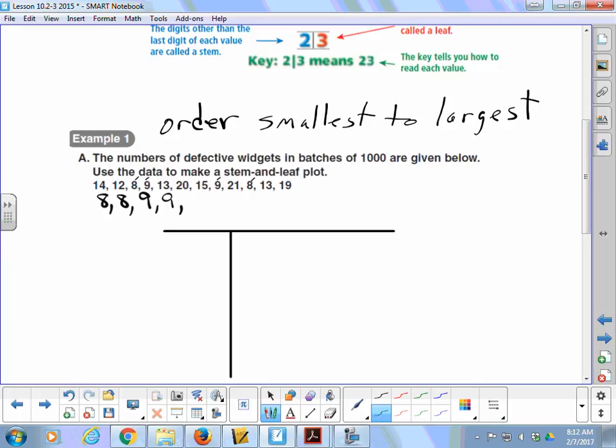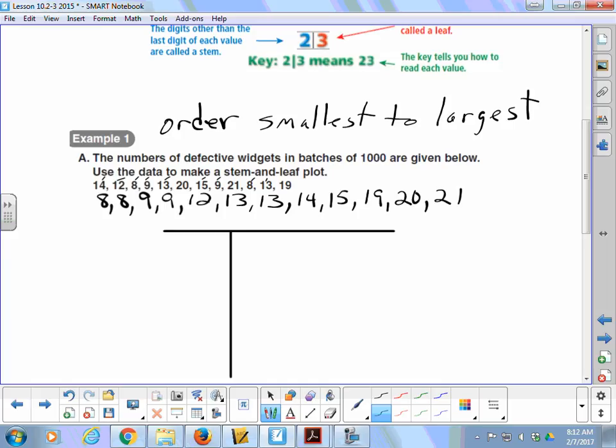Let's see, there's a 12. And looks like 2 13s. 14 and a 15. And 19, 20, and 21. All right.